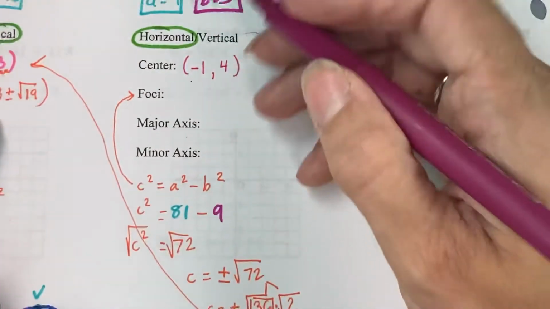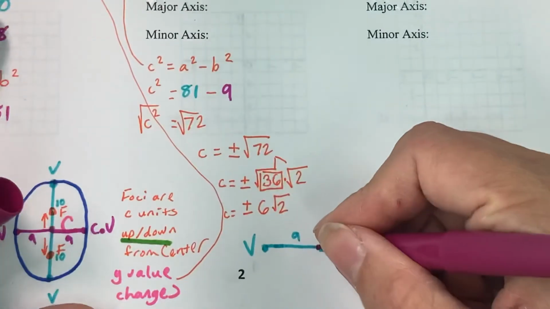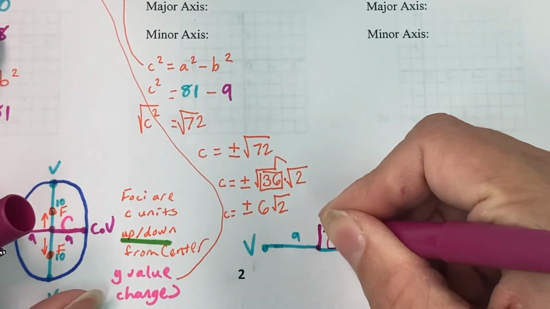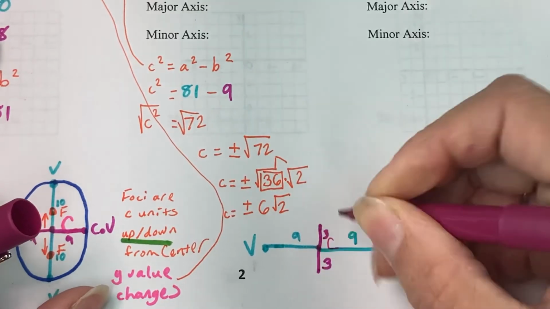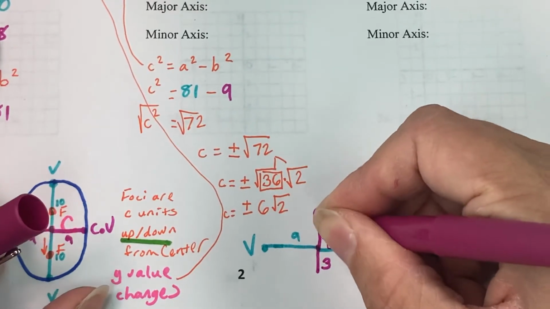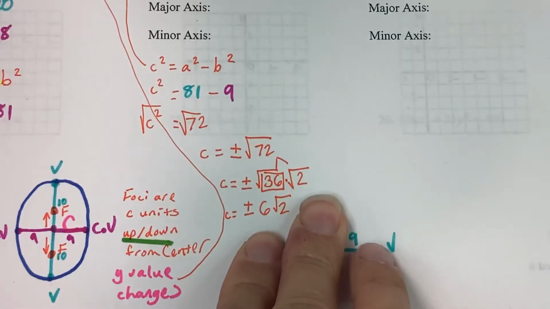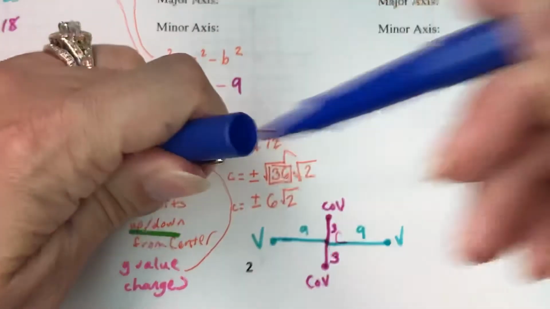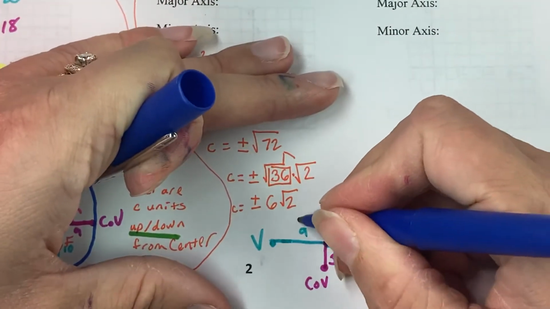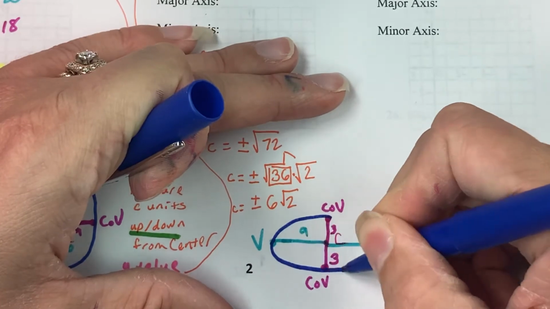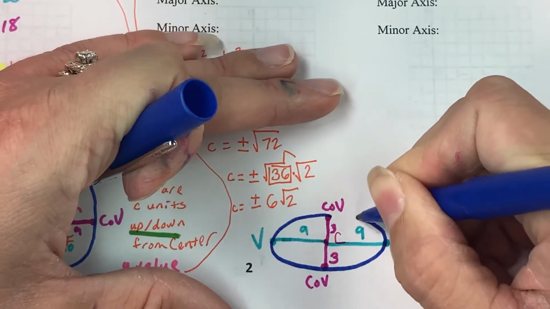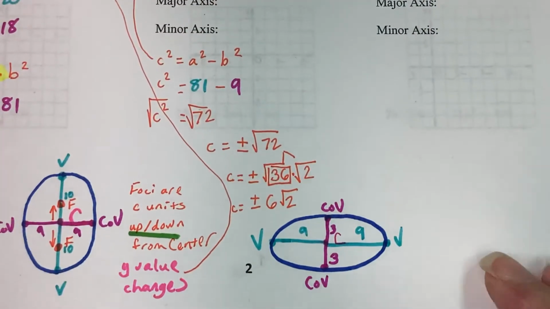So because my B value is 3, I'm going to go 3 units up and 3 units down from my center. And that would give me my co-vertex points. So from there, I can sketch out what the ellipse would look like, trying to make it look more like an egg and not like a football. So try to make it as round as possible.